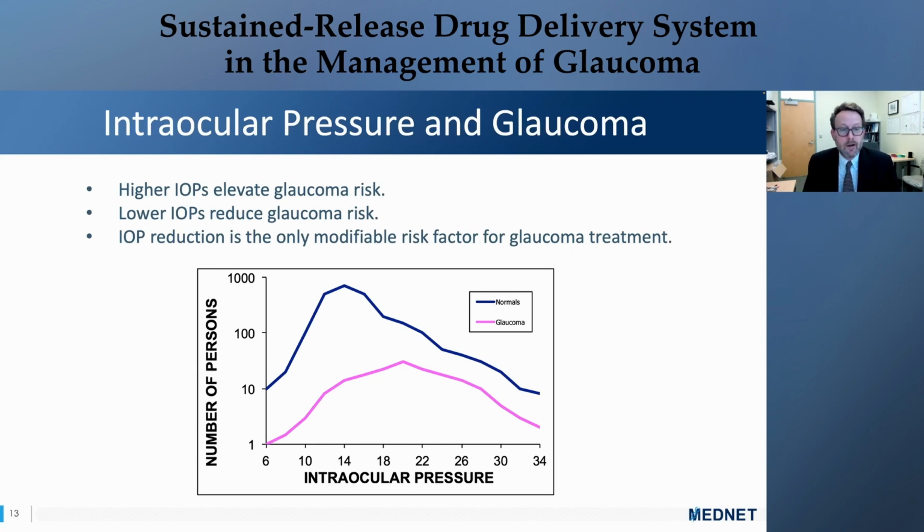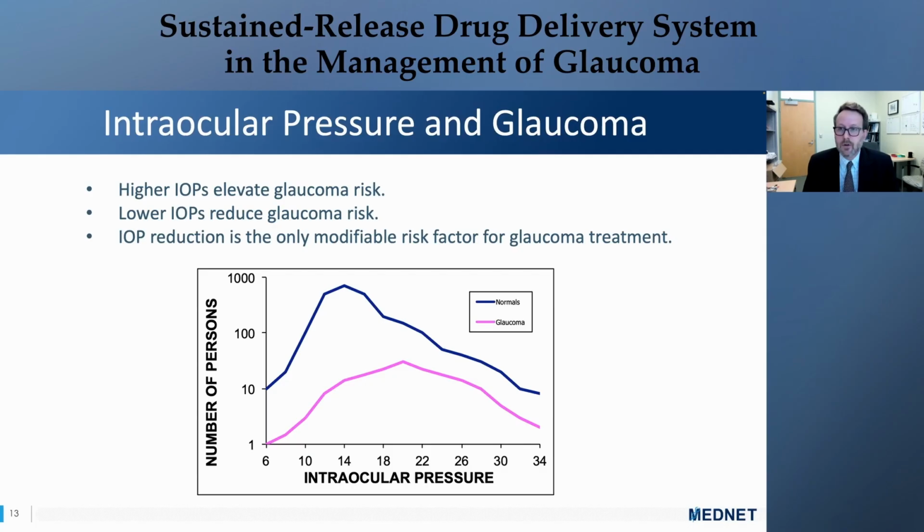But if you look at the graph on the bottom part of the slide, and you see number of people and their distribution of intraocular pressures, you can see that if you made an arbitrary cutoff of intraocular pressure, let's say 22 millimeters of mercury, you would miss about 50% of people with glaucoma, and you would diagnose about 50% of normals with glaucoma.